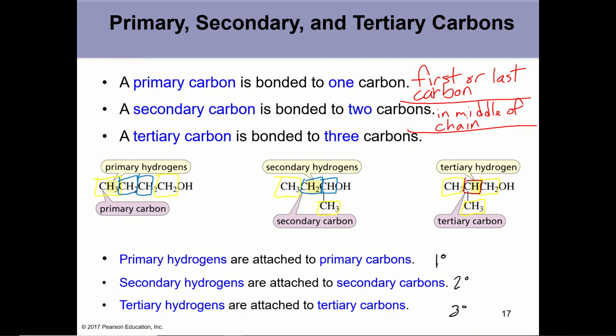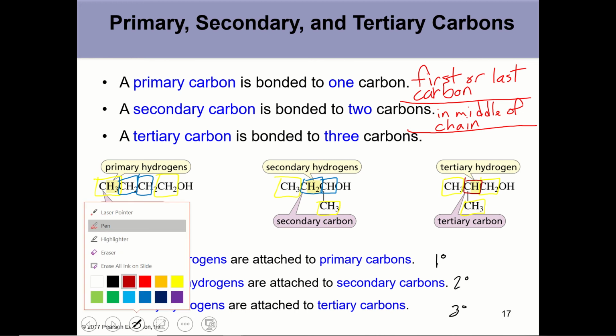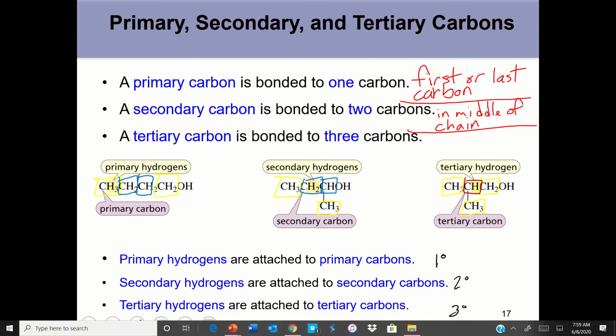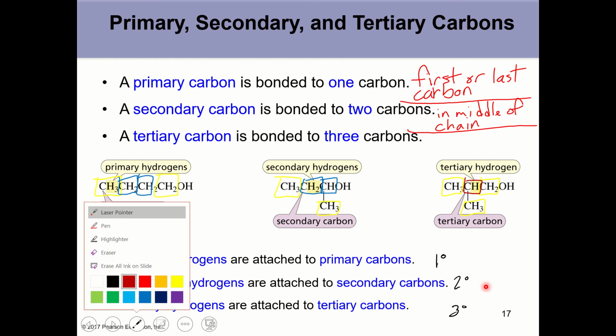For shorthand, we use special symbols so that we don't have to write out the words primary, secondary, or tertiary. The symbol 1 with a degree sign stands for primary, 2 with a degree sign stands for secondary, and 3 with a degree sign stands for tertiary.